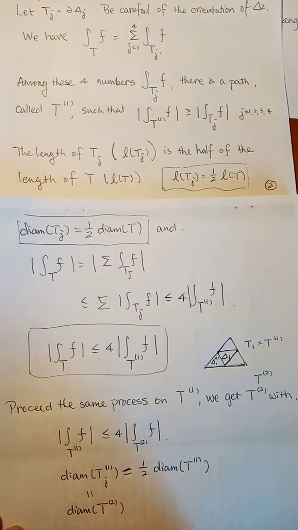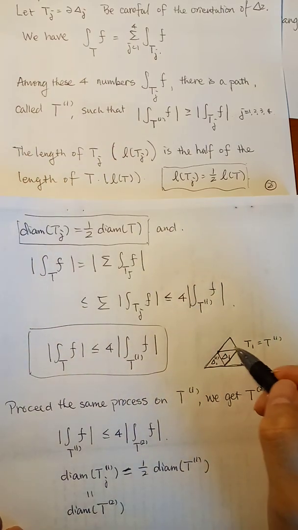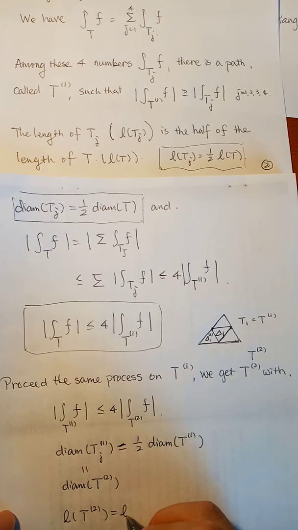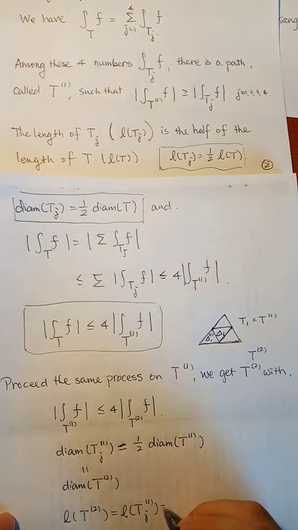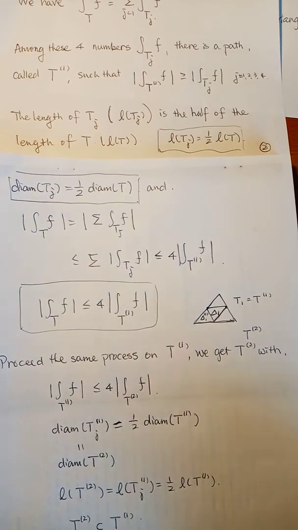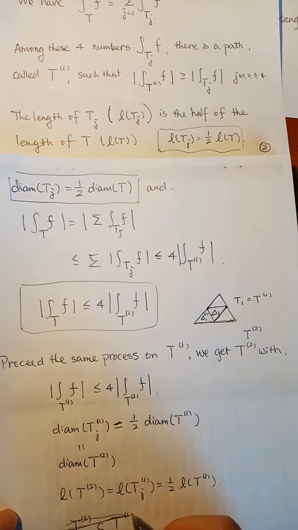And the length of T2 is equal to the length of each sub triangle. So they have the same length. It is equal to 1/2 of the length of T1. And of course, the triangle region of T2 is part of the triangle of T1, that's my bad.